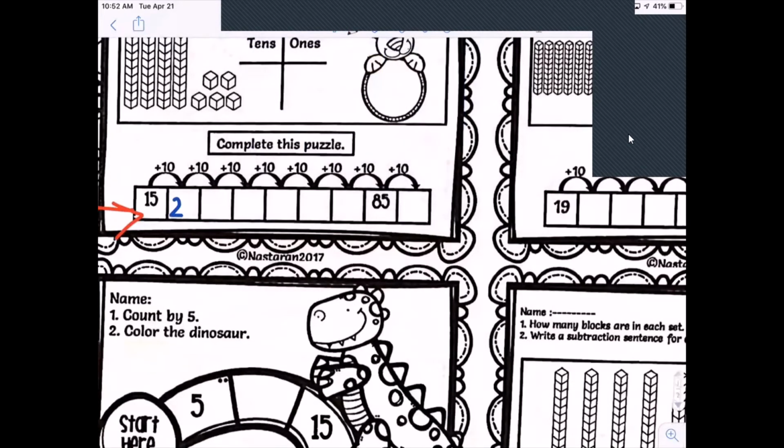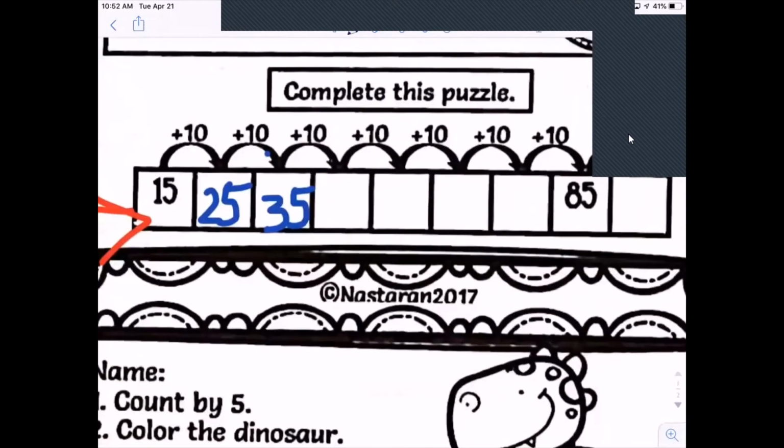Okay, 25. Now 25 plus 10 more, it would be 35. All that you would be changing when you're counting by tens, it would be the number that's in the tens place. You see the pattern there?